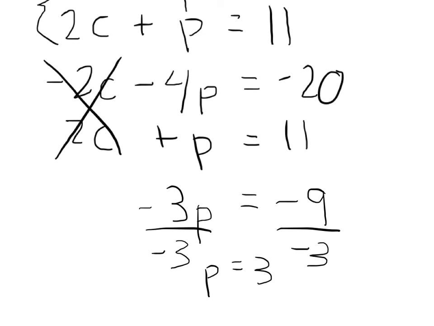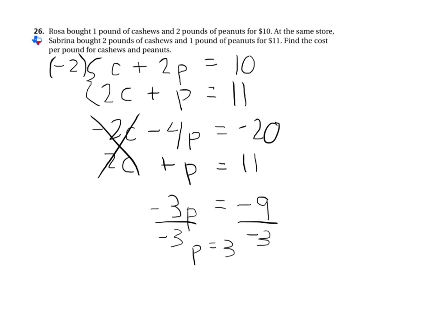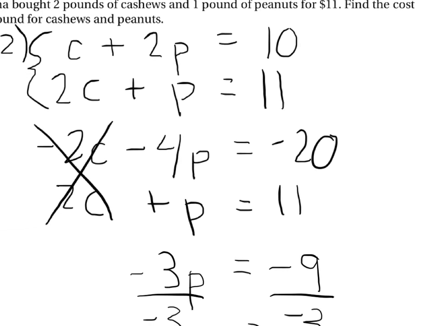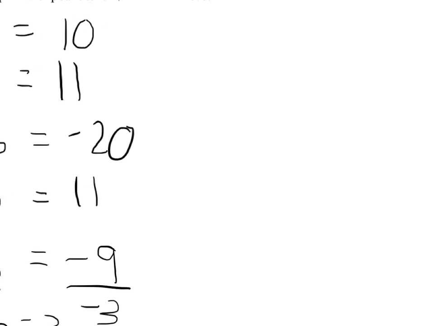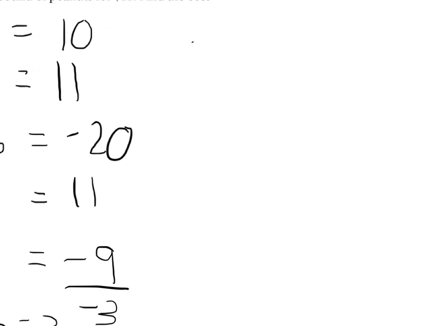So you know that the cost per pound of peanuts is 3. So then you have to find the cost per pound of cashews. To do this, you would need to substitute 3 in for one of the p's in one of the equations. So if you had 2c plus p equals 11, so 2c plus 3 equals 11.